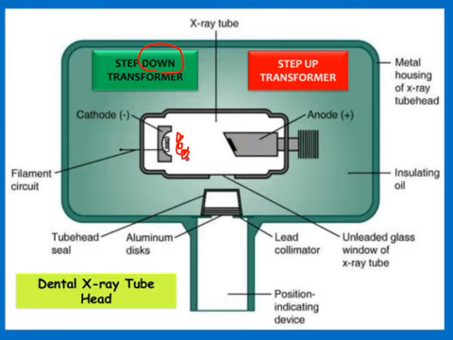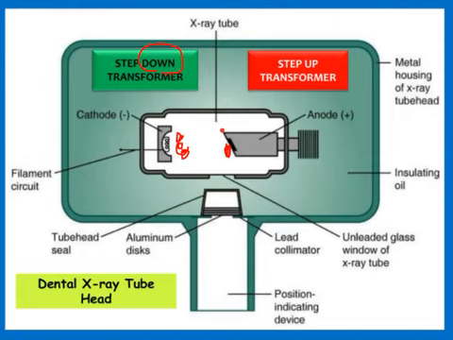So the electron cloud is formed in front of the cathode, which is pulled towards the anode and hits the tungsten target in an area called the focal spot. The focal spot is the area where the electrons from the cathode hit the tungsten target and X-rays are produced.